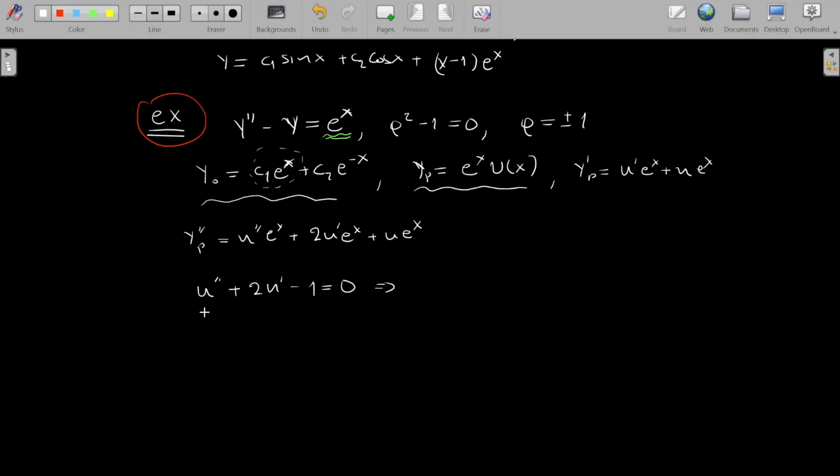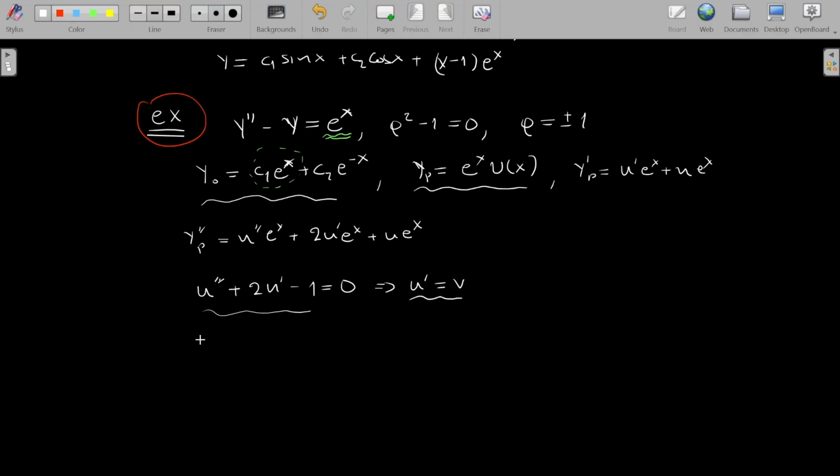Of course, this is also second order with constant coefficients, but another way to solve this, since there is no u, the function we're searching for, is by using this substitution, right?